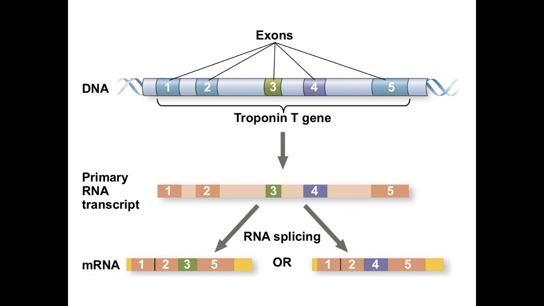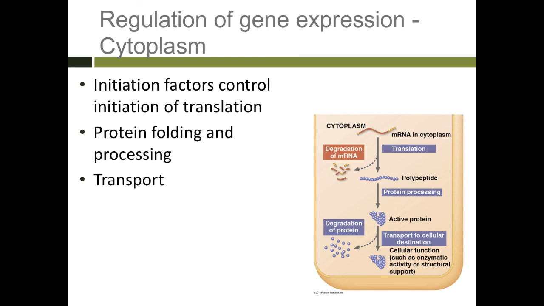This is going to give you two very different proteins from the same exact DNA. Another way of regulating gene expression is during translation or after translation. The initiation of translation of selected messenger RNAs can be blocked by regulatory proteins that bind to sequences or structure of the mRNA. It will block translation at the level of the ribosome.